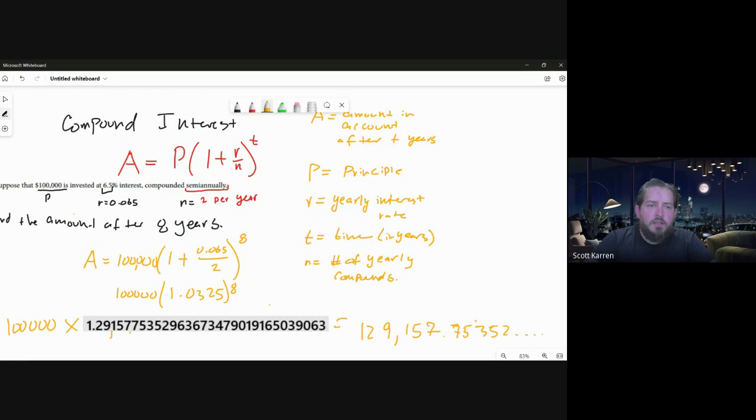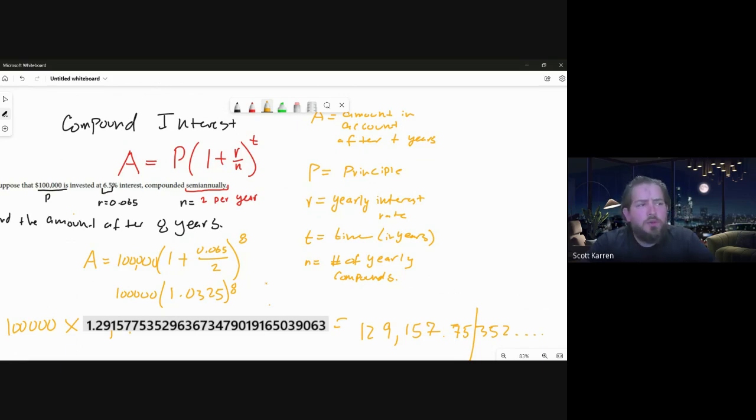The bank's going to cut you off at the pennies, right? But your calculator will typically hold 8 digits if it's an older one. Or the newer ones will hold, I just did this on my computer's calculator, it'll hold literally thousands of digits. You don't really need it, though.